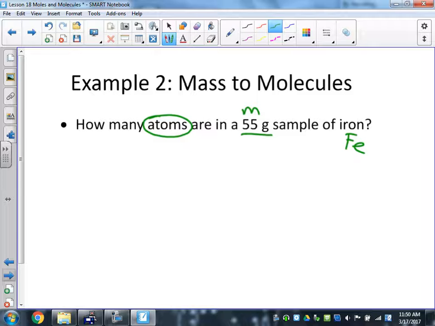What's all the information I have here? I have the mass. So right away, I'll tell you right now, if you want, you can start here, and you can even write this down too, guys.